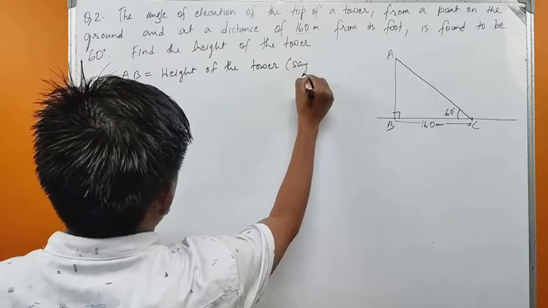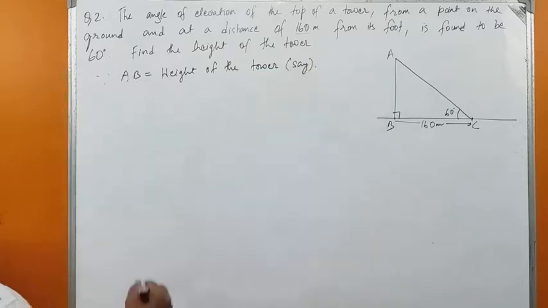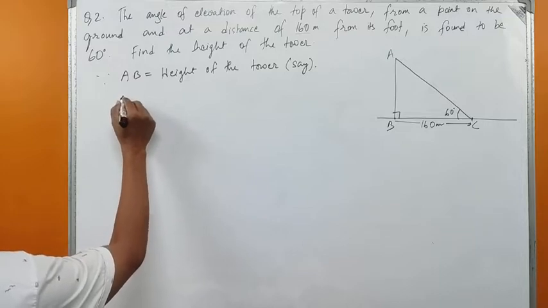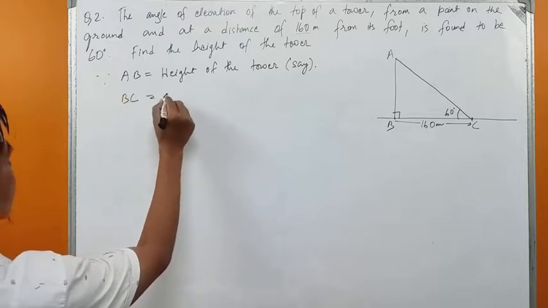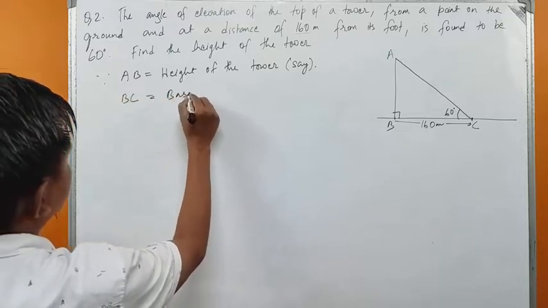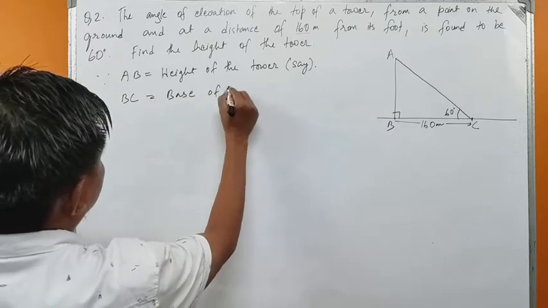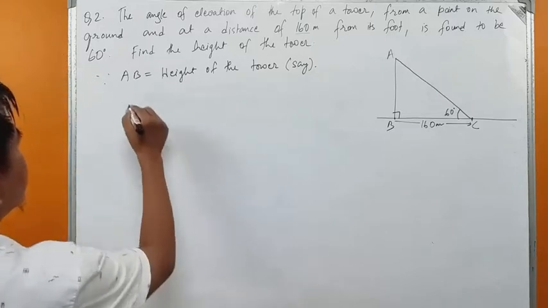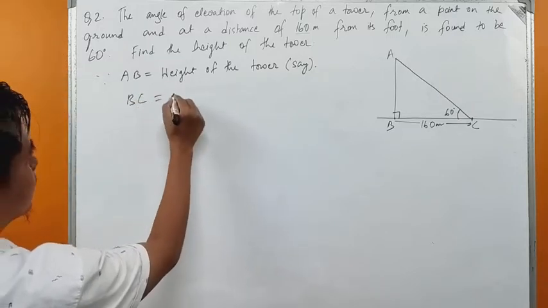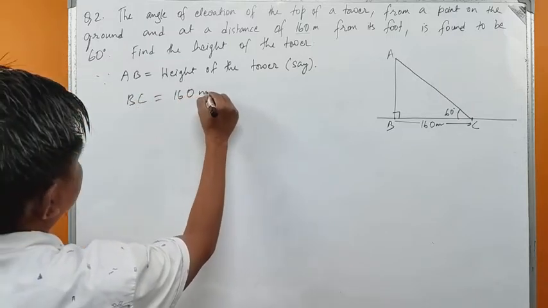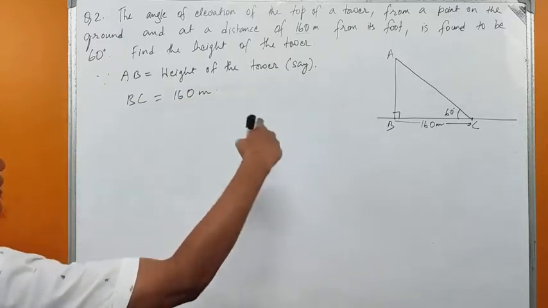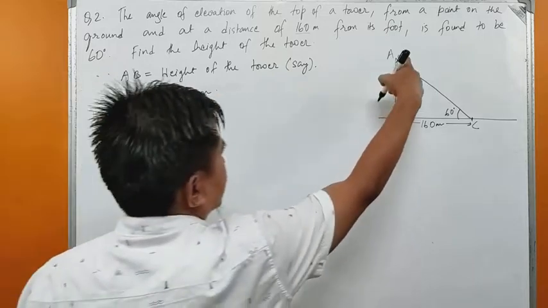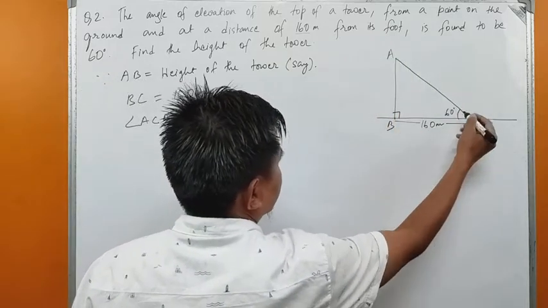See, we are assuming AB is the height of the tower. BC equals the base of triangle ABC, equals 160 meter, and angle ACB is 60 degree.